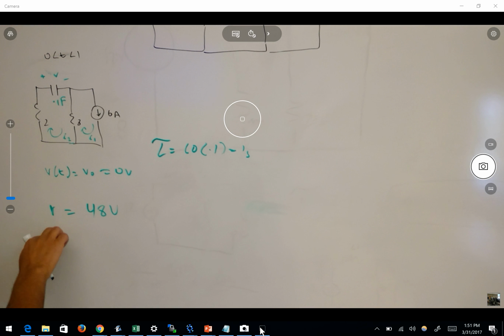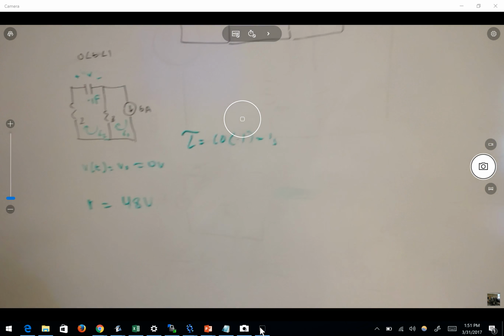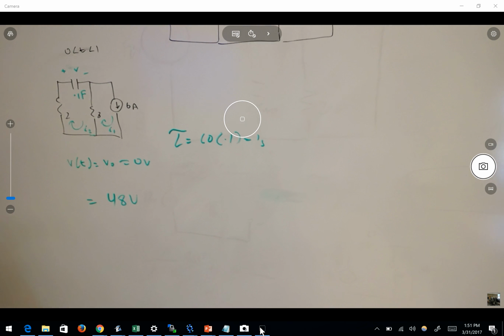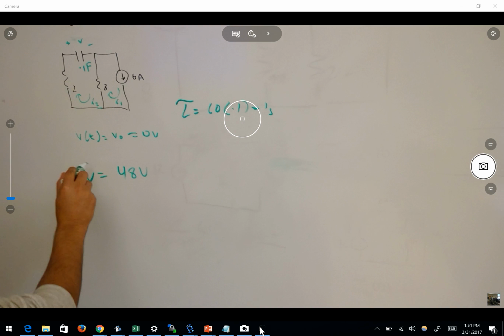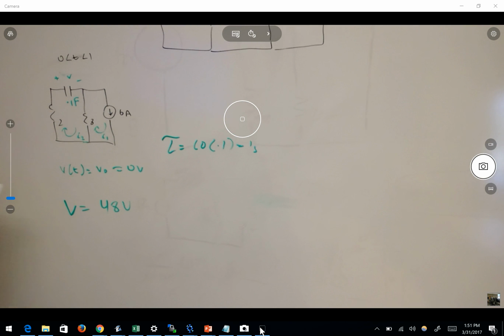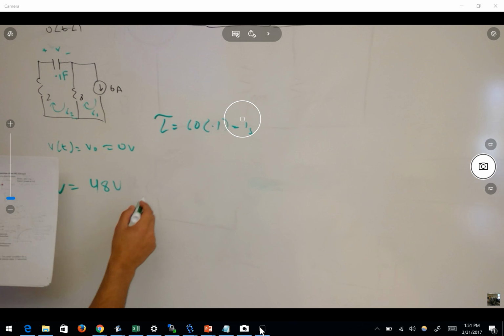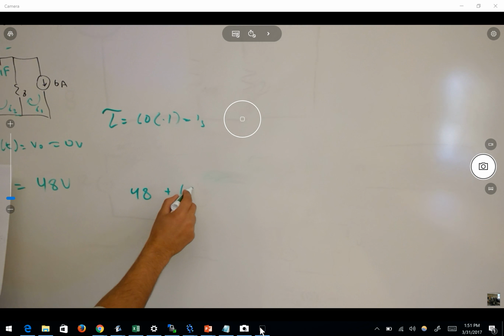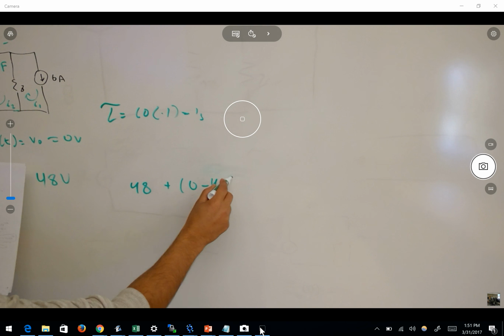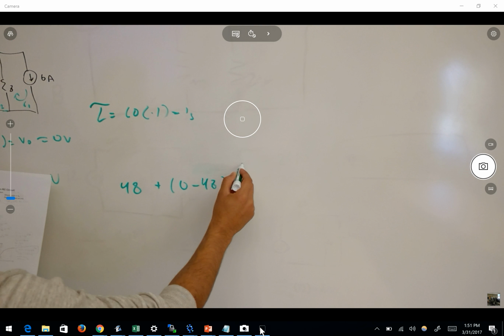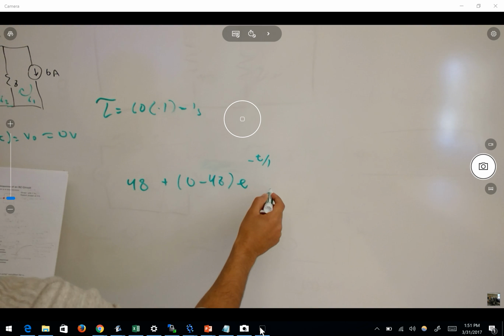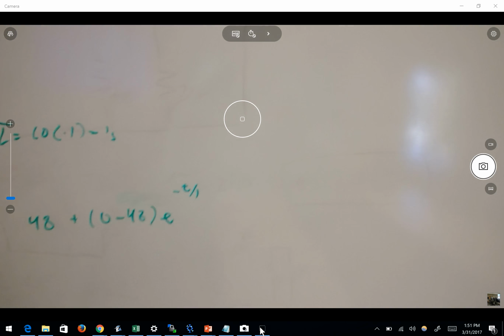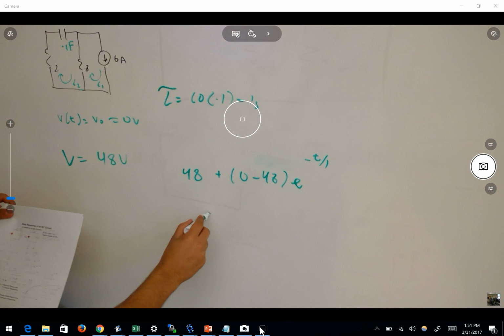And so the total formula for the first part is going to be V infinity, which is 48, plus V0 minus V infinity, that's negative 48, e to the minus t. Which is just 48 minus 48 e to the minus t.